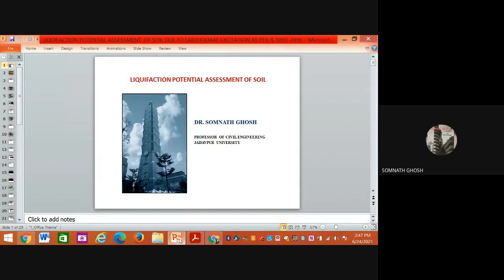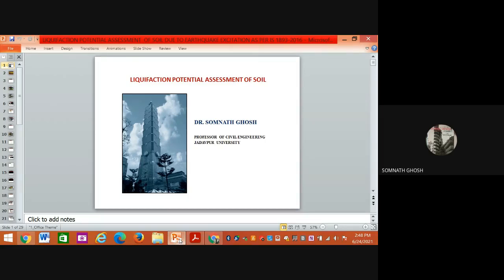So, if any damage takes place in soil, that ultimately affects the structure. I mean, structure may collapse also due to the damage that took place in soil. So, soil is very important to us, right?